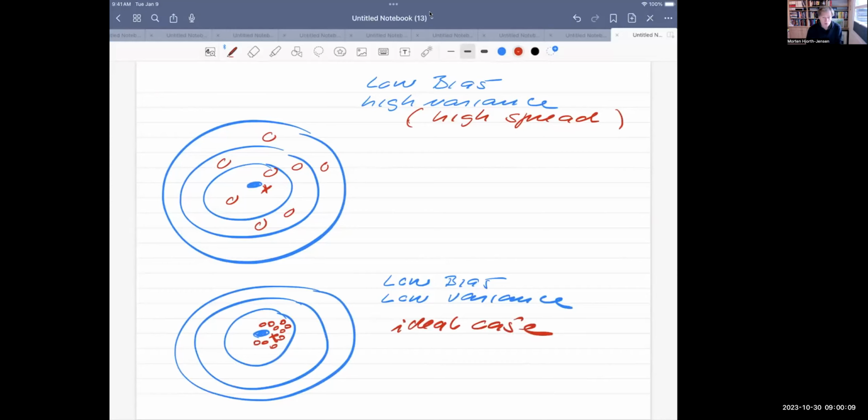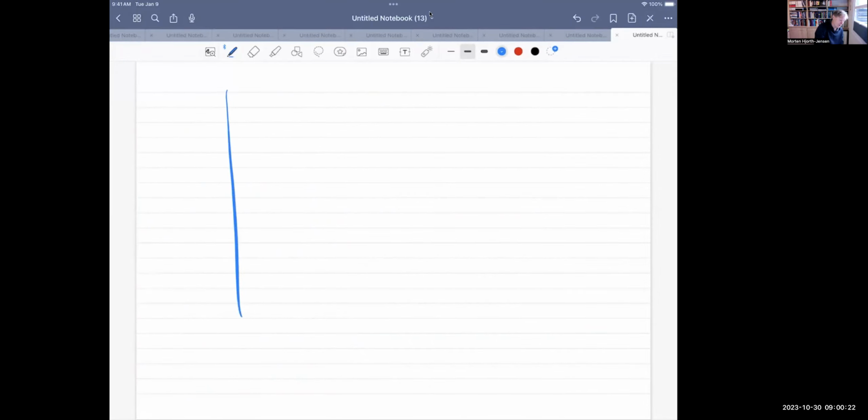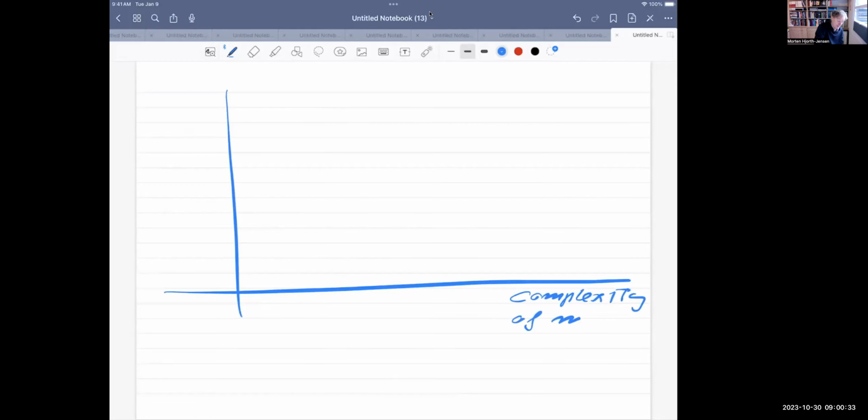So before we take a small break, I just wanted to set up how this is going to look when we now perform an analysis of the test data and the mean squared error. So let's just make a quick plot of it as a function of the complexity of the model. Complexity of model. So this could be a high polynomial degree. And we are just looking at the mean squared error for the test data.